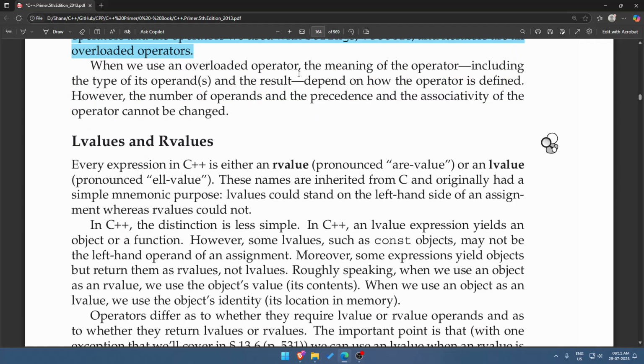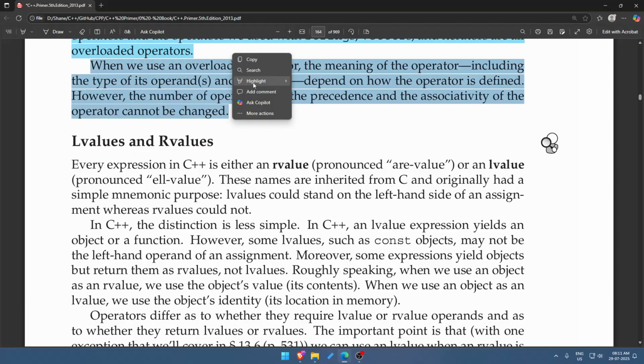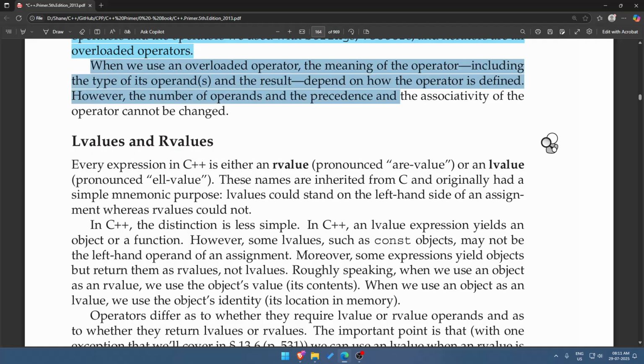When we use an overloaded operator, the meaning of the operator, including the type of its operands and the result, depends on how the operator is defined. However, the number of operands and the precedence and associativity of the operator cannot be changed.